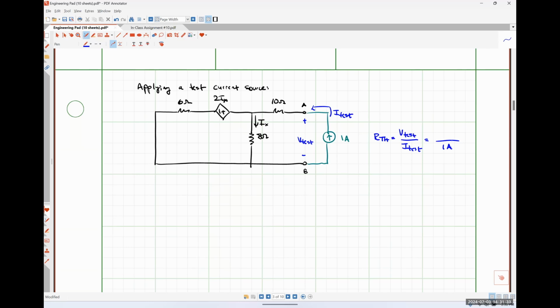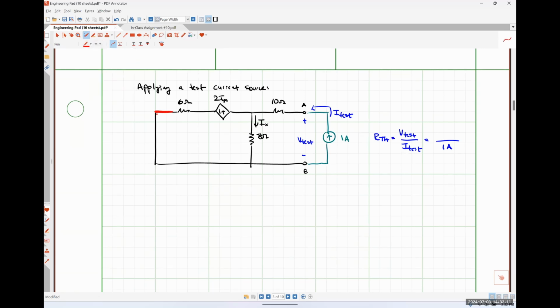So how might I go about doing that? Nodal. All right, so let's look at nodal really quickly.